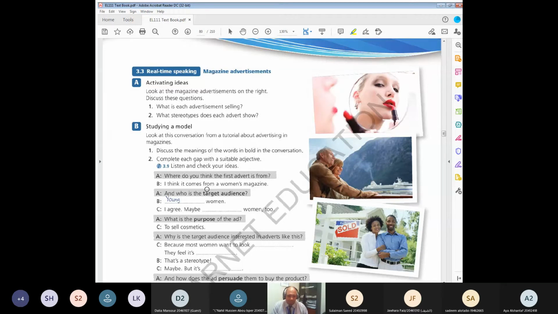Let's look at the images, the visuals that we have. What stereotype do the advertisers deploy or use here? Happiness. Okay, how about the first one, the negative stereotype that we have in the first picture?